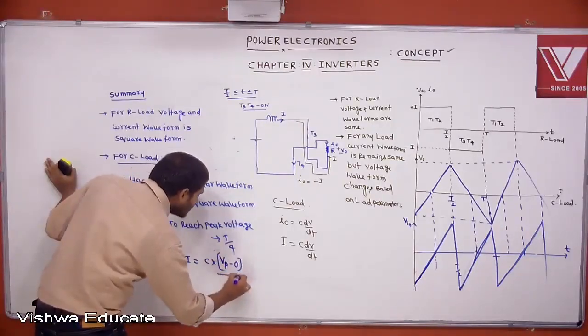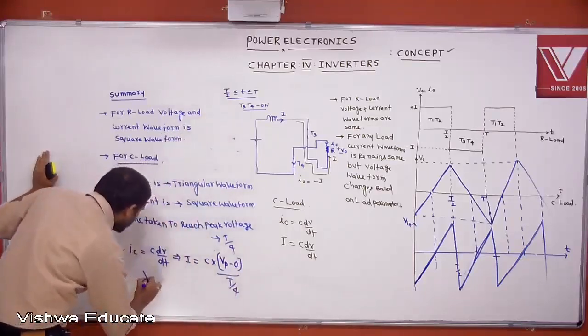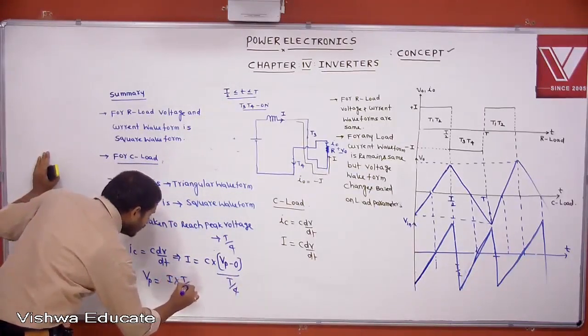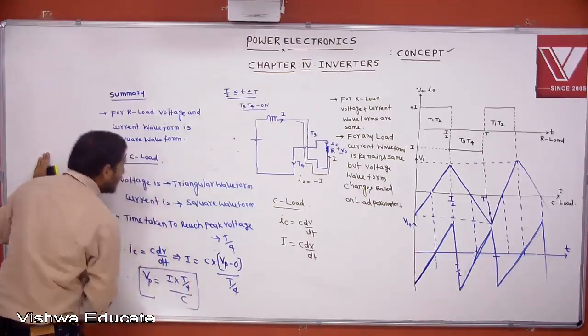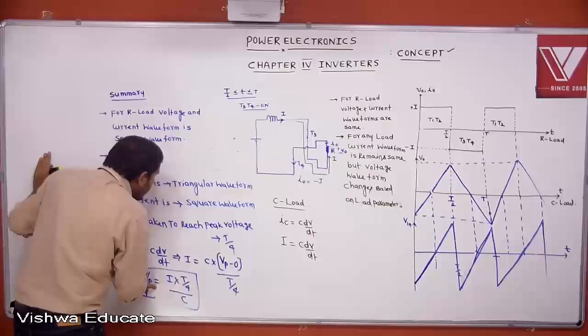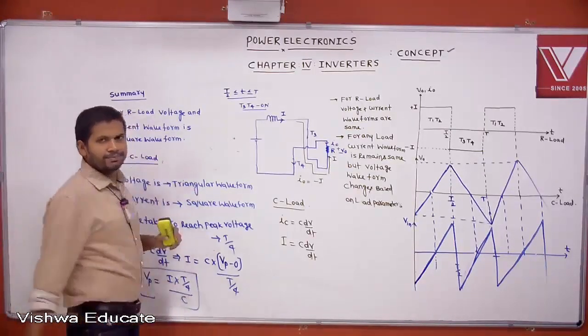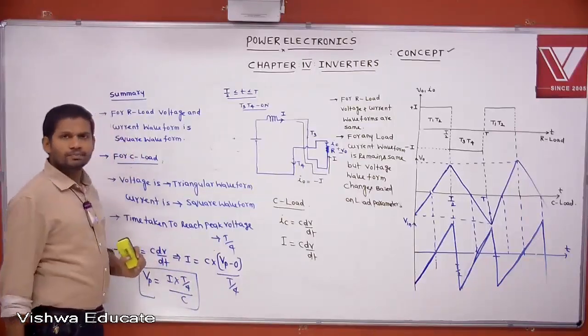How much time is it taking? T by 4. Then from this, peak voltage equal to I into T by 4 by C. In current source inverter, we are calculating peak voltage. In voltage source inverter, I calculated peak current. This formula is for purely capacitive load.